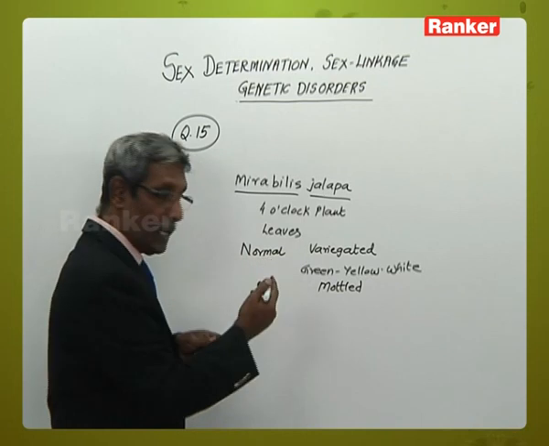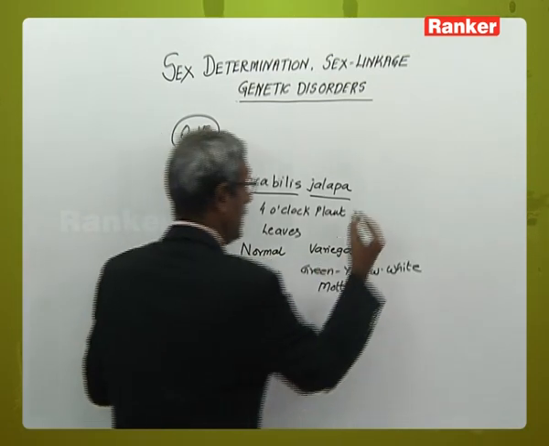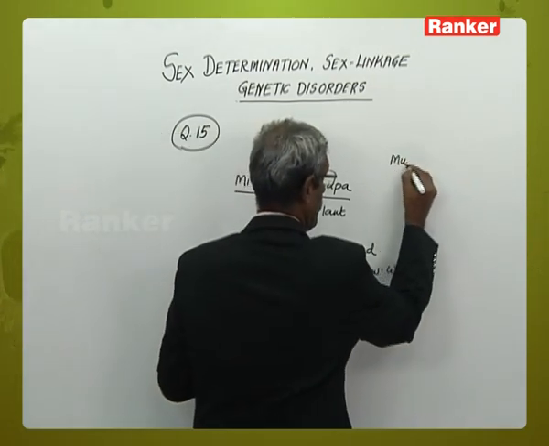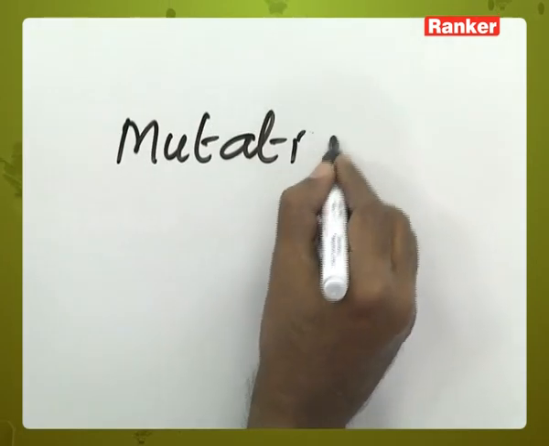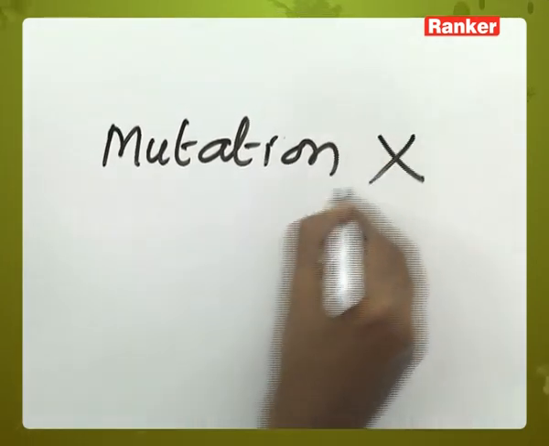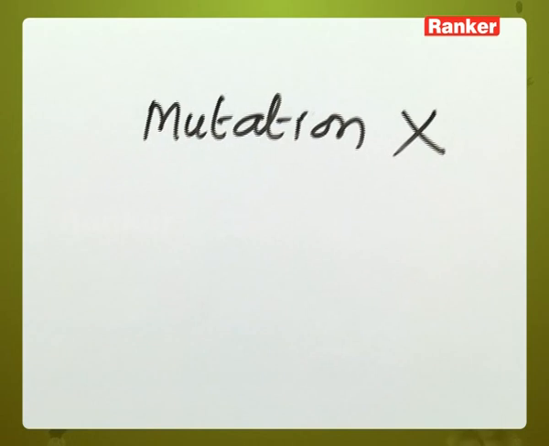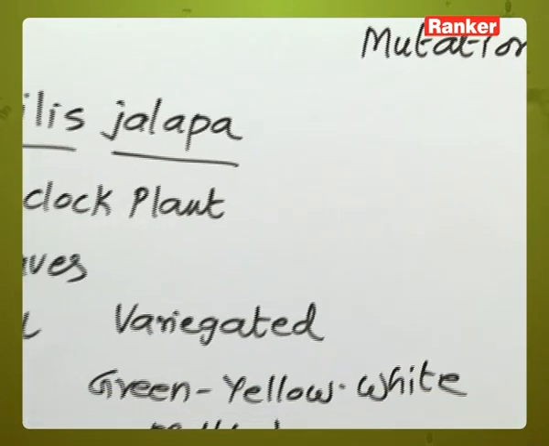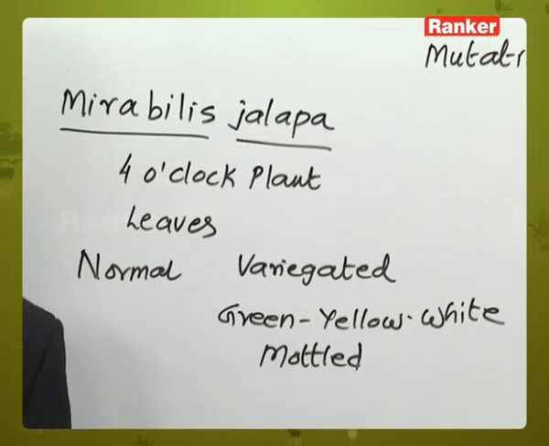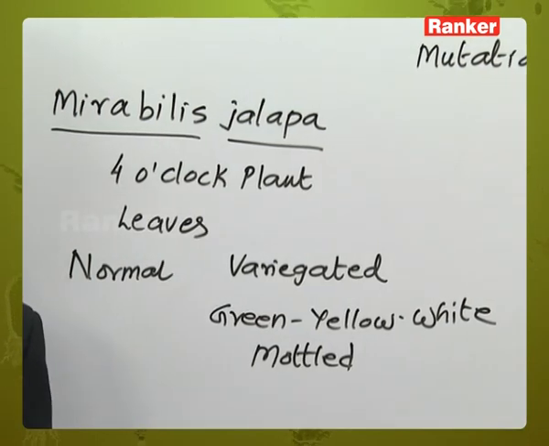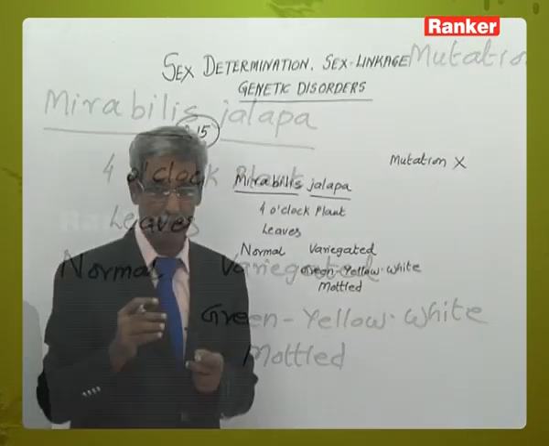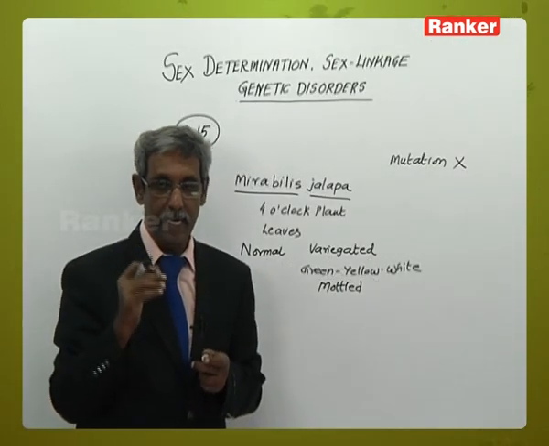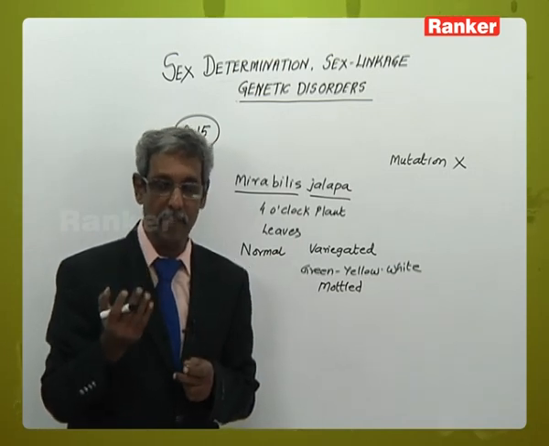Because these variations are inherited, choice A, that is mutations, is wrong, because mutation is an unprogrammed change wherein there is a change in the chromosome number or the structure, and mutations need not be inherited. Choice C indicates it is due to complementary genes.